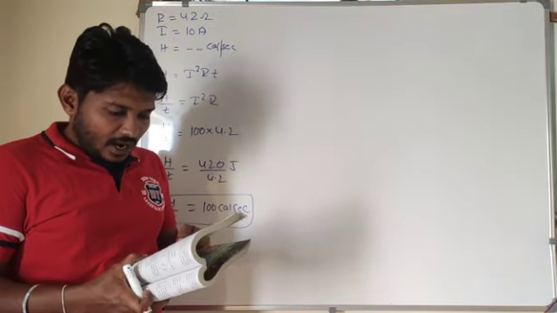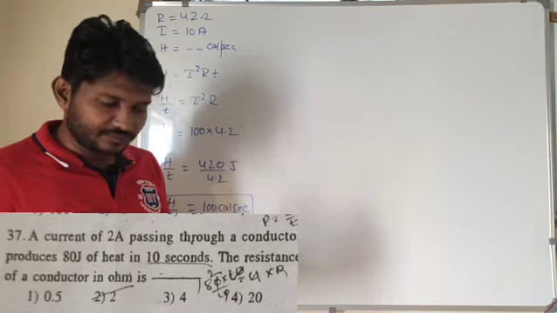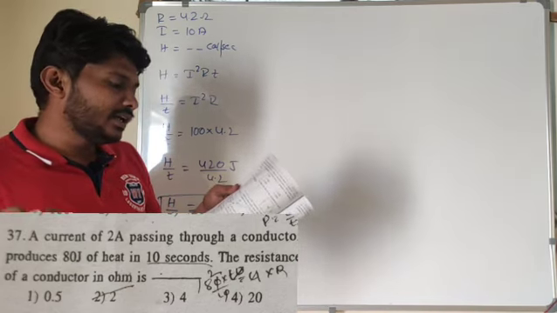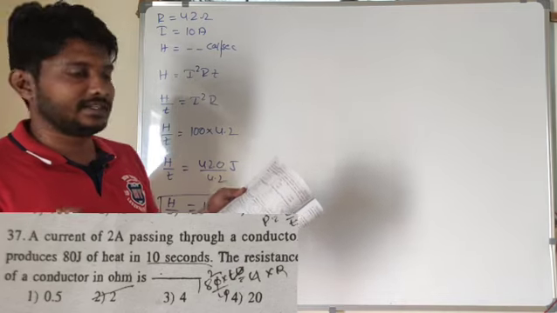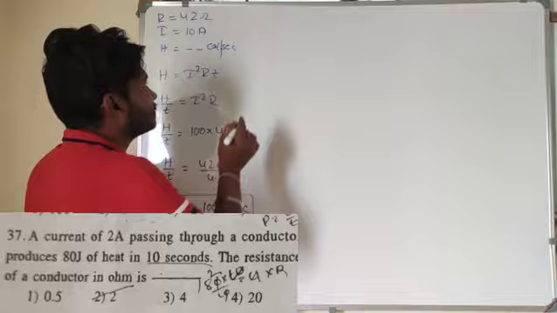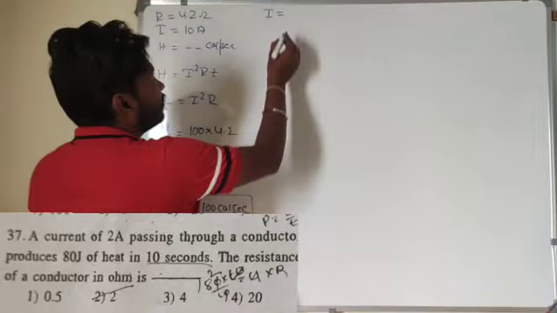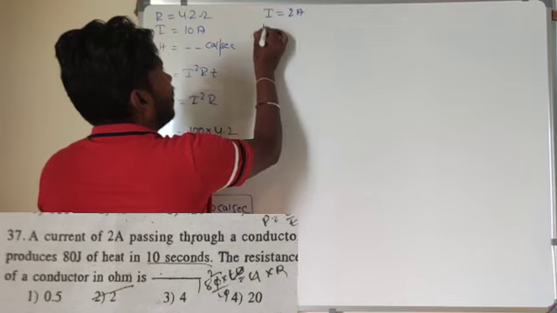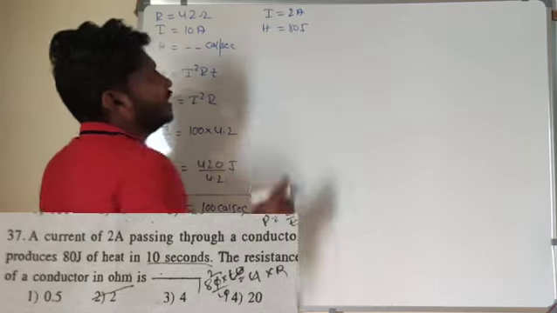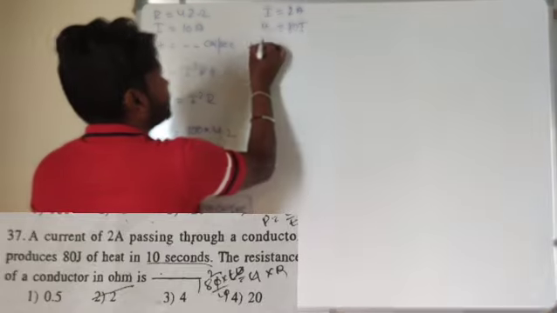Next one. A current of 2 ampere passing through a conductor produces 80 joules of heat in 10 seconds. So one conductor is there, and on that conductor 2 ampere of current is flowing. 80 joules of heat will get generated in 10 seconds. They mention the time also.